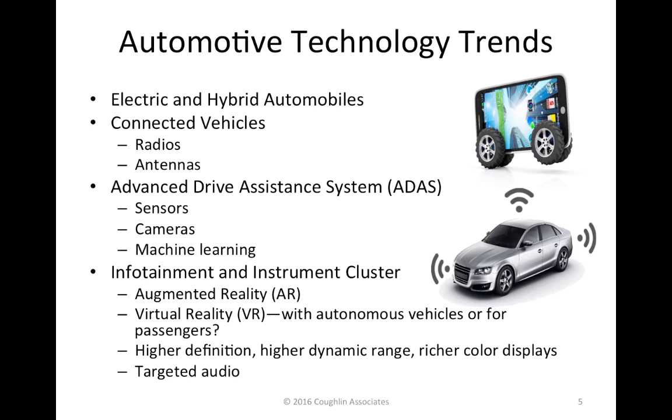Potentially virtual reality, especially for either car passengers or with autonomous vehicles, could even be used for everyone potentially in the car. And then there's a trend towards higher definition, higher dynamic range, richer color displays, both for vehicle information and also for entertainment purposes.